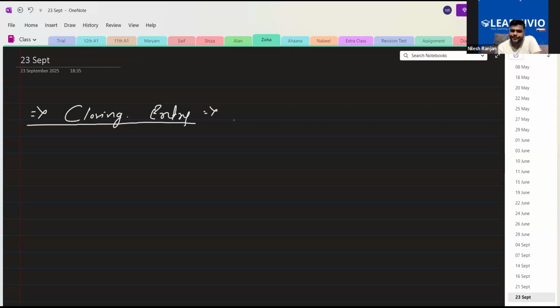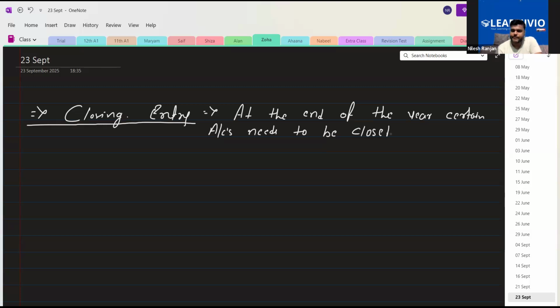Closing entry means at the end of the year, certain accounts need to be closed, for which we pass closing entry.